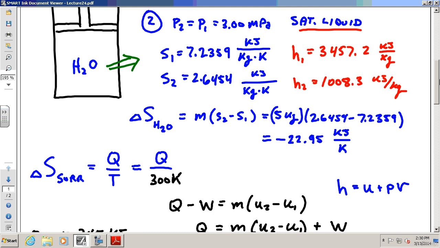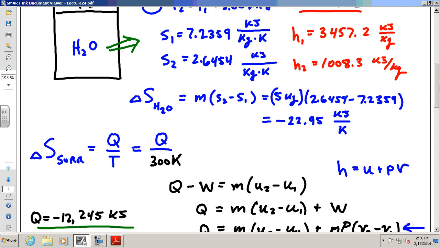Positive. So when I look at this equation that I have for Q divided by 300K, the Q is going to be the same number, but it's going into the surroundings. Therefore, it's not going to be negative. It's going to be positive because it's going into the surroundings. So that actually is going to be a positive 12,245.